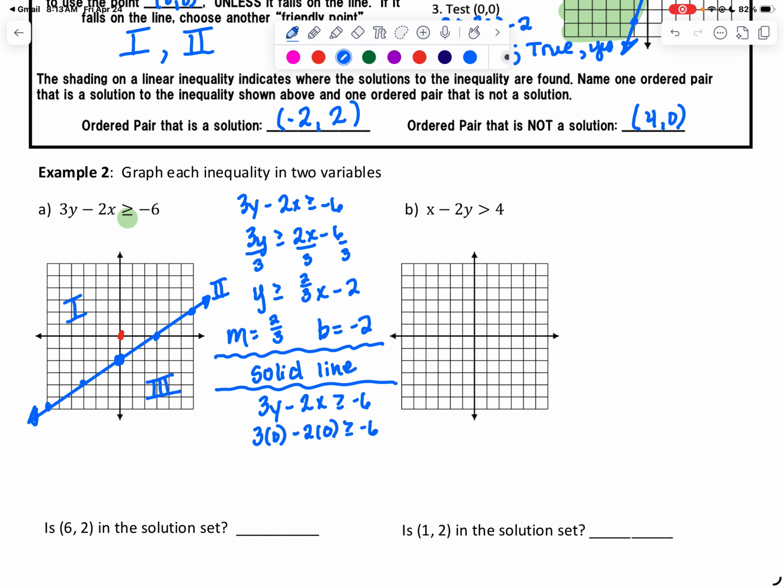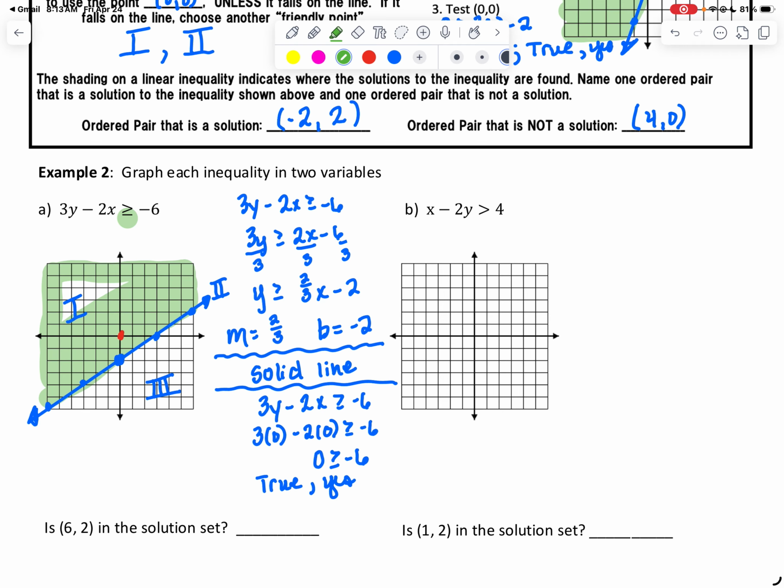So 3 times 0 is 0, minus 2 times 0, which is also 0, so this is 0. And I ask myself, is 0 greater than or equal to -6? Well, that's true. If you get a true statement, then the answer is yes. (0, 0) is a solution to this inequality. Therefore, I must shade the region of the graph that contains (0, 0). So that would be region 1.